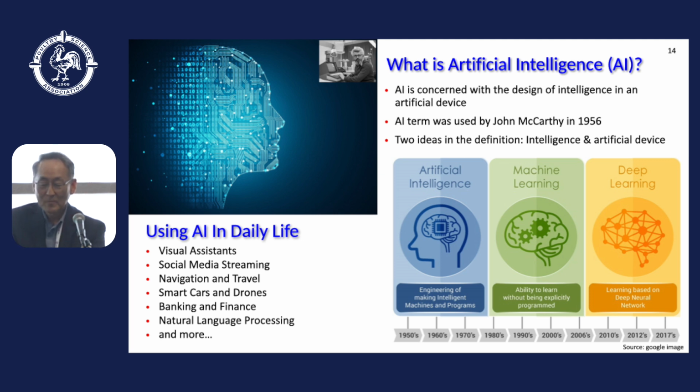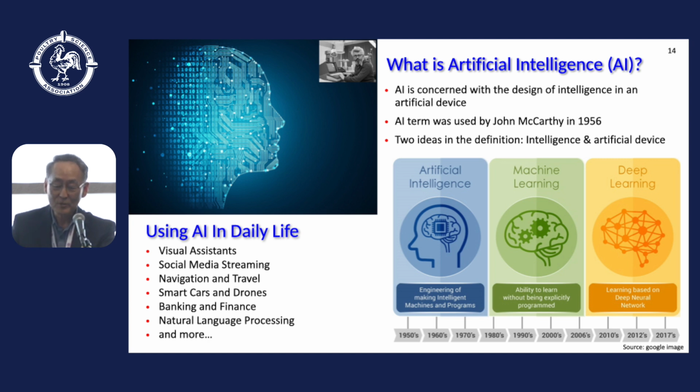Okay. I'm going to give a very brief overview of artificial intelligence, AI. You've heard of AI in many mass media, and even your handphone uses AI, right? No matter whether you recognize it or not. With AI, we can talk about some intelligence in an artificial device, okay?